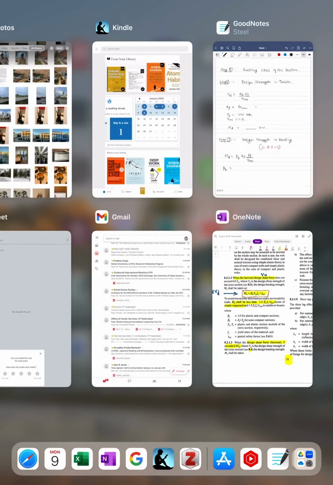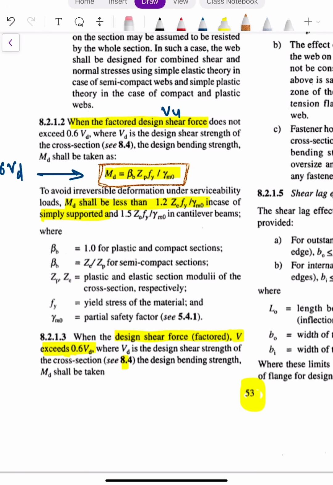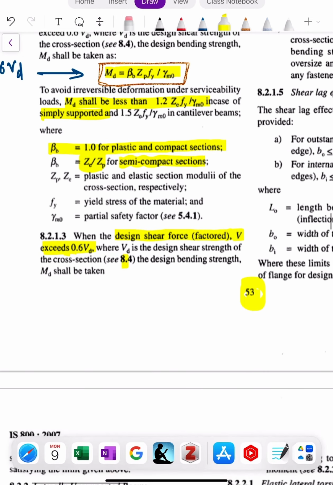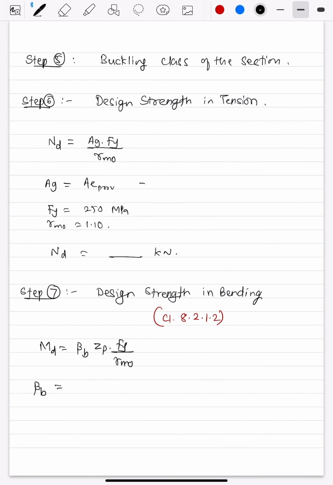What is your beta b value? If you go to the IS code again, the beta b value is 1 for plastic and compact section, and if you have a semi-compact section, then you go for Ze upon Zp. So everything is given in the IS code. How do you know if it is plastic or compact?